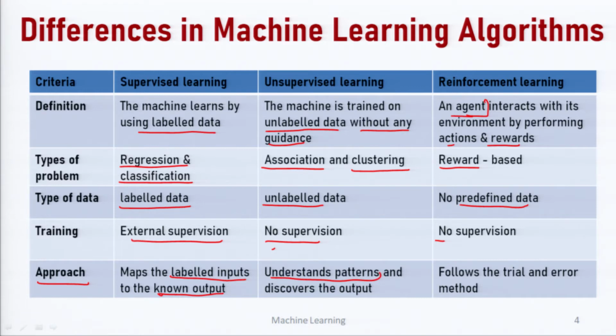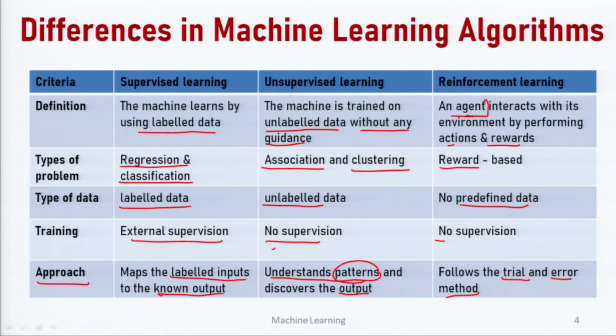We do not know the nature of the data, but we know its features, and based on that it understands the patterns and discovers the output. And in reinforcement learning, it follows the trial and error method.